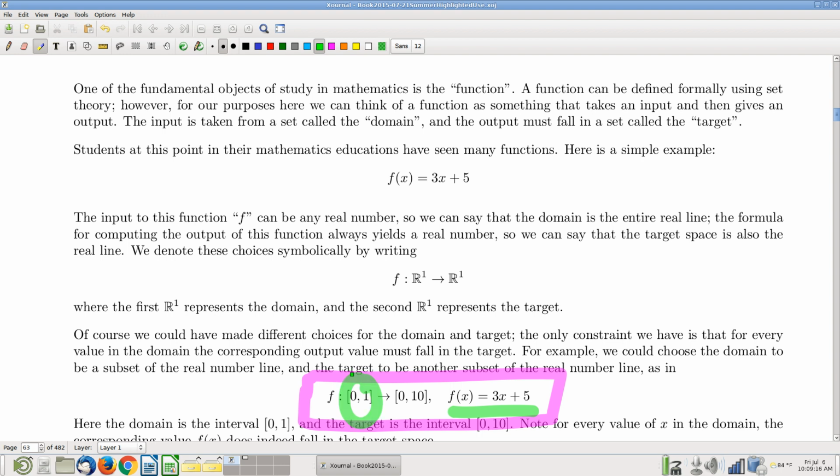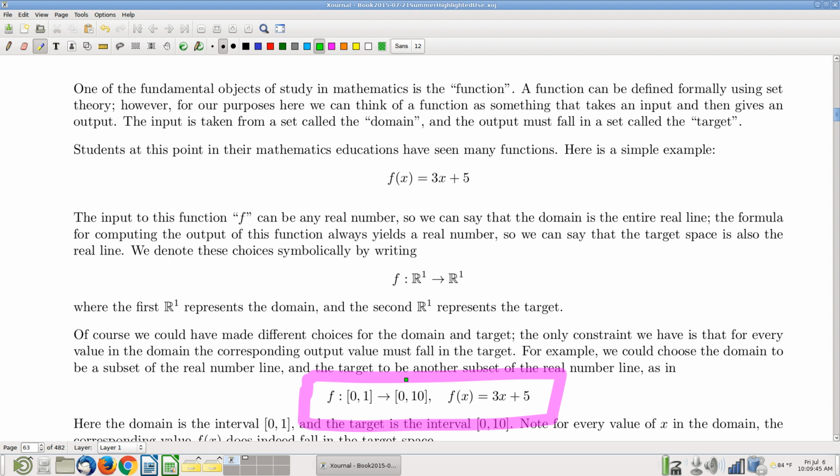This function I have written down here, you are not allowed to put in any numbers other than real numbers between 0 and 1, inclusive. Furthermore, with this function, I have a different target, which means I am promising you more than just that the outputs will be real numbers. I'm promising you the outputs will be real numbers between 0 and 10, inclusive. So they're different as functions.